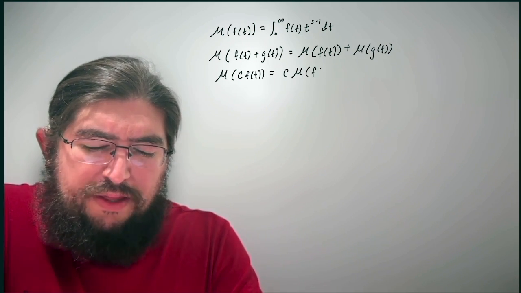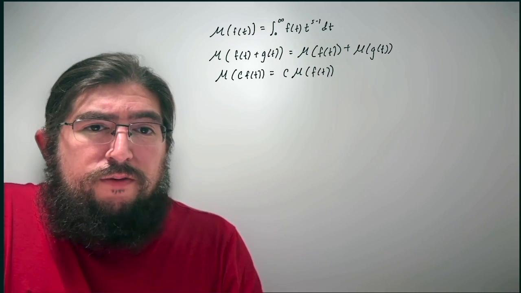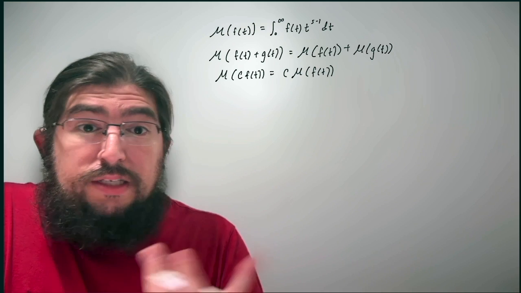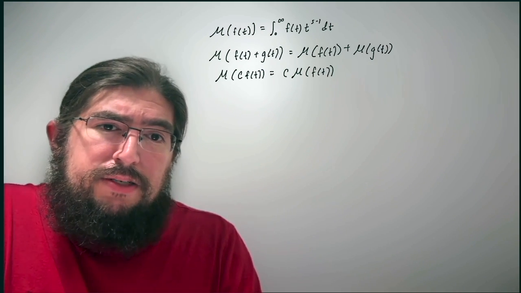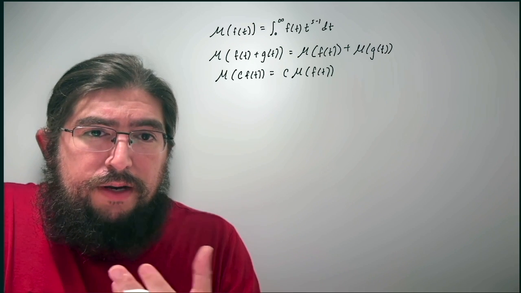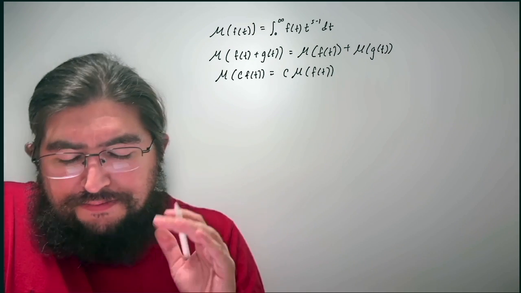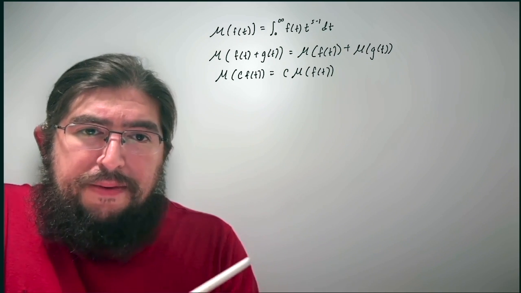This is pretty obvious why these properties are true, so I won't be proving these to you. The reason they're true is because the Mellin transform is defined as an integral, and it inherits those properties from the integral itself. Integration has linearity properties.